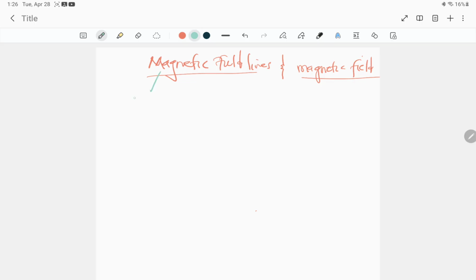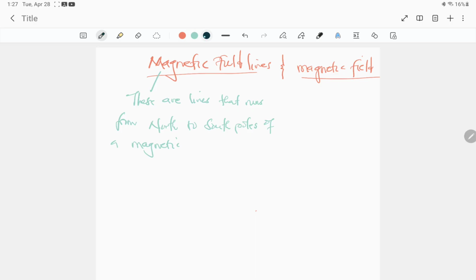We know that magnetic field lines are lines that run from North to South poles of a magnet. That is magnetic field lines.